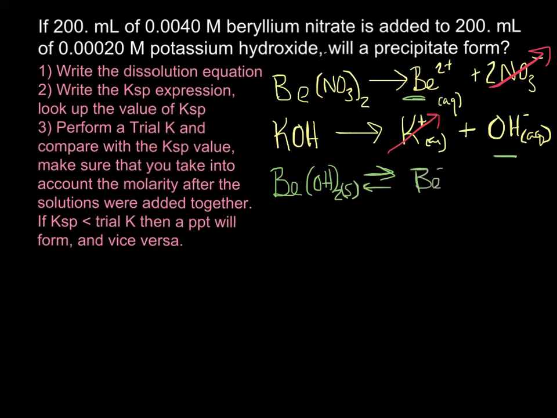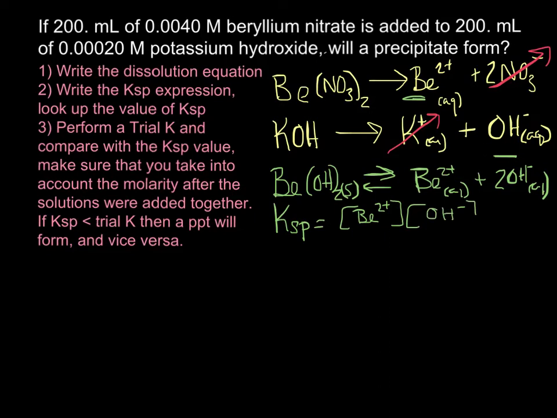Goes to beryllium ions, aqueous, and hydroxide ions, aqueous. Alright, so this is the one we really care about because this is the dissolution equation. Now, I'm going to write my Ksp for this one because this is the one we're going to be plugging our values into. So our Ksp is going to be Be2+ times OH minus squared.